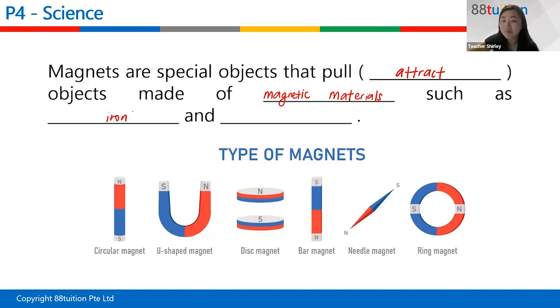Iron and steel. Okay. Why is it not all metals? Because, okay, have you heard of this acronym before? School is not cool. School is not cool basically is steel, iron, nickel, cobalt. School is not cool. Okay, so these are the four.